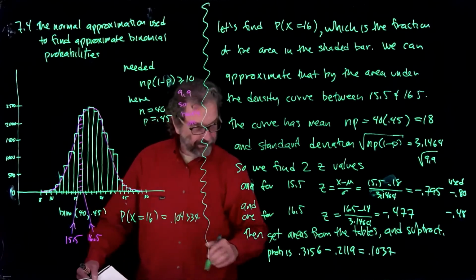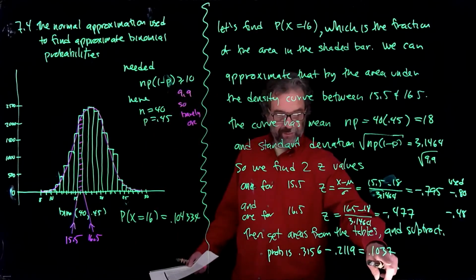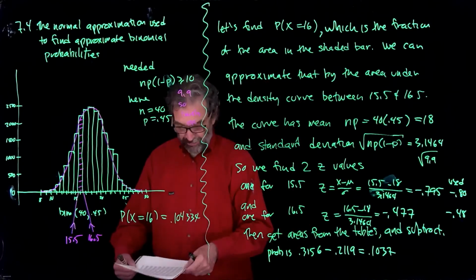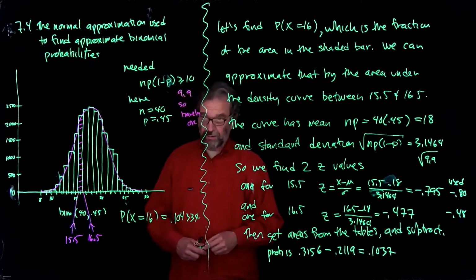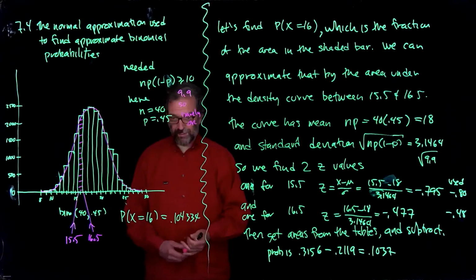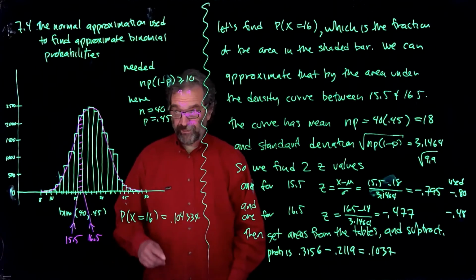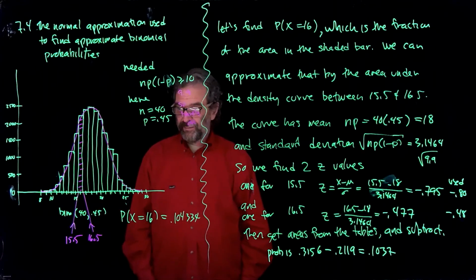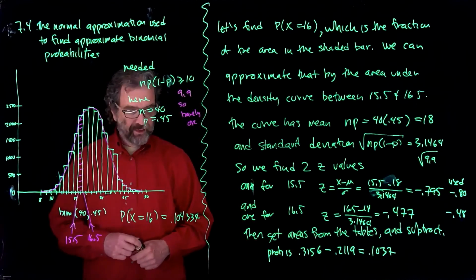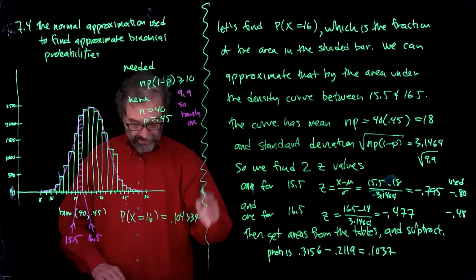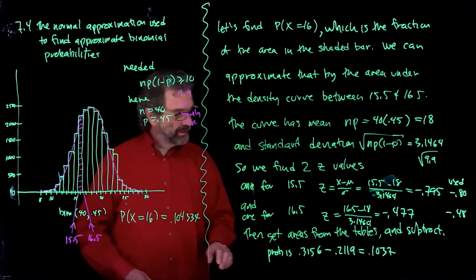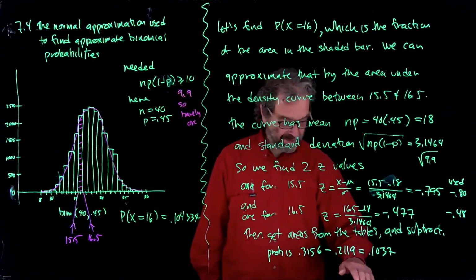So we're pretty close, 0.104 rounded to 3 places, accurate. That's using the normal approximation to find a particular value, but you could also use it to find a range of values. I'm going to leave this picture because it's so hard to draw, and we'll do a new calculation on this side as soon as we save this video and start making a new one.